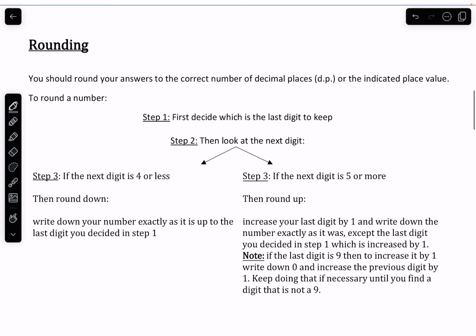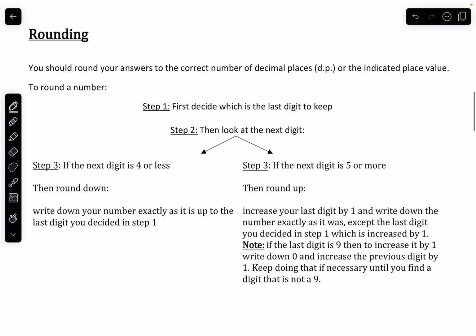So if the number is a 4 or smaller, so 0, 1, 2, 3, 4, you drop it. You leave the digit the same. If you have a number that's 5 or bigger, so 5, 6, 7, 8, 9, then you're going to round your last digit up.